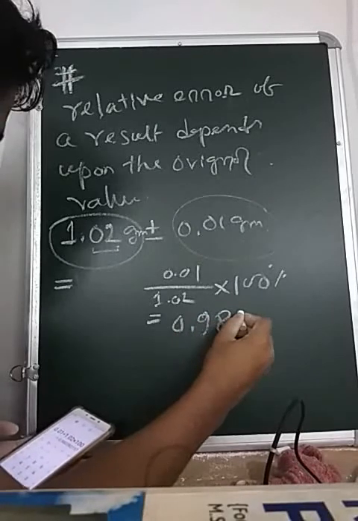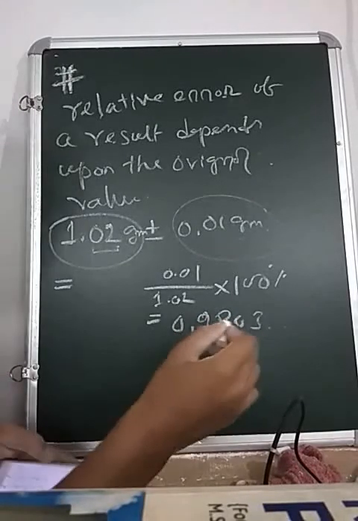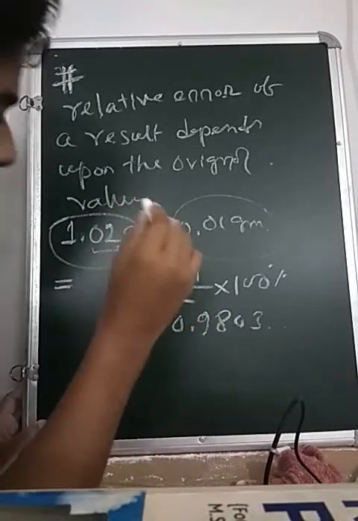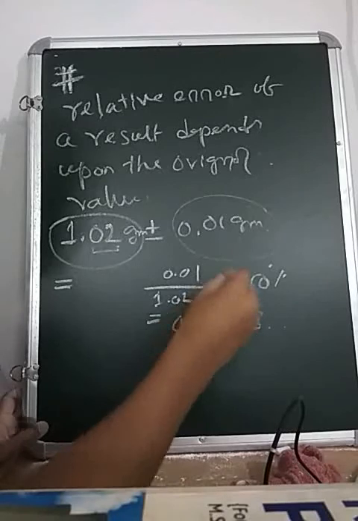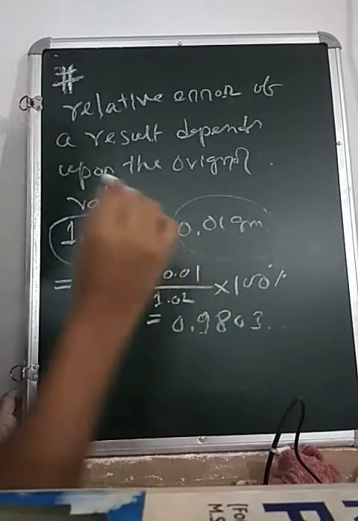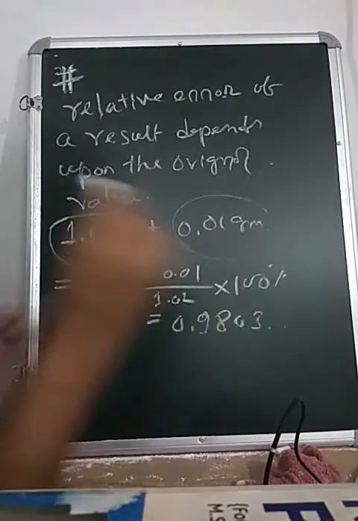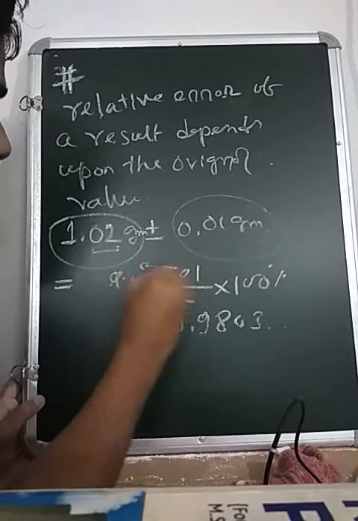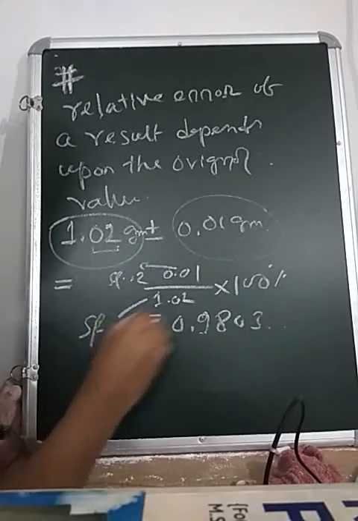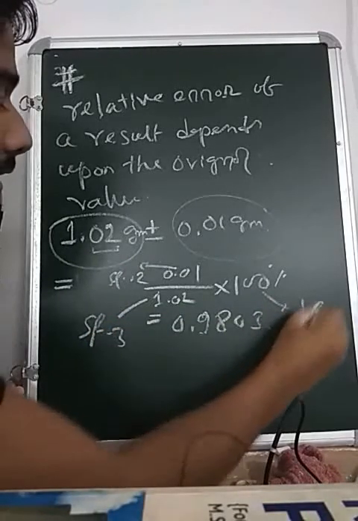So it will be 0.9803. After getting the result, we see the number with the least significant figures. Here the significant figure is 2, here it is 3, and here it is 1.